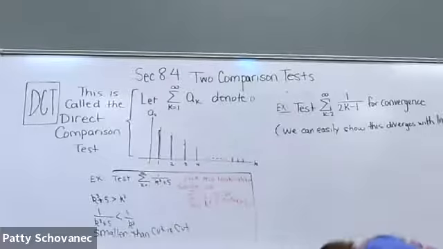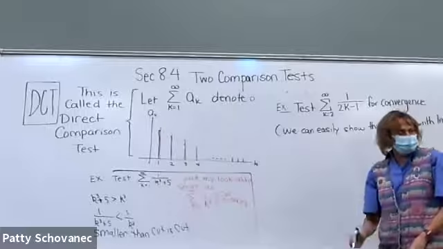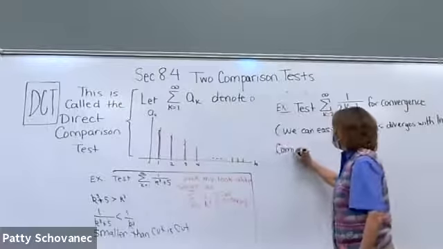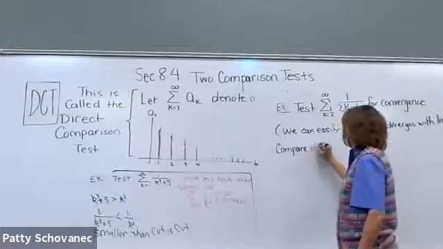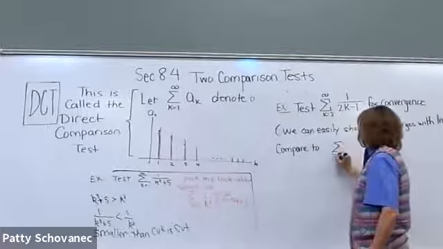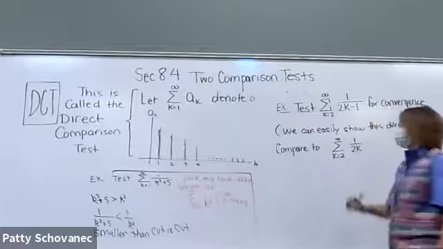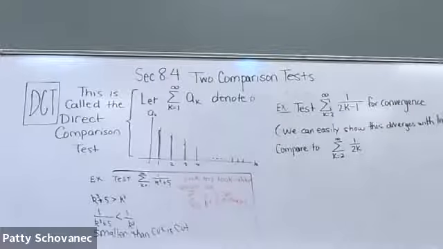But if we use our direct comparison test, we would compare this to the series 1 over 2 times k. The 2 itself doesn't matter, but I'm going to leave it there. This is another p series. The constant doesn't change in front. You can always factor constants out.